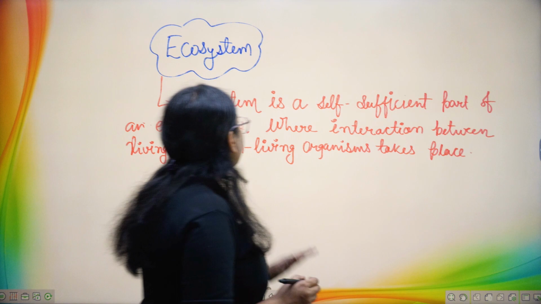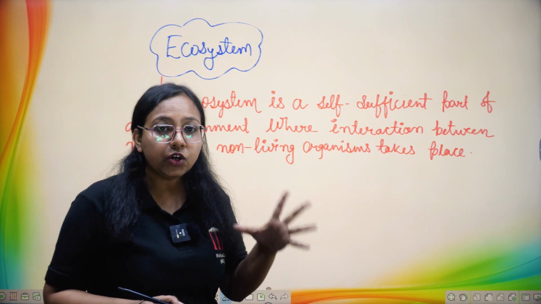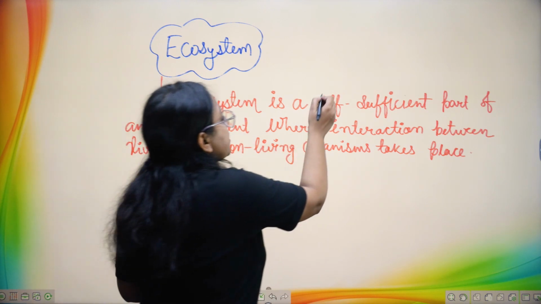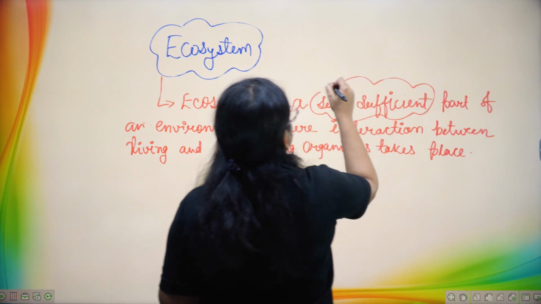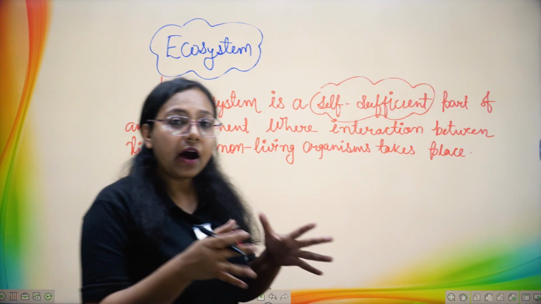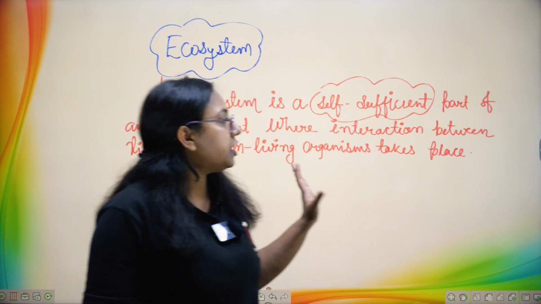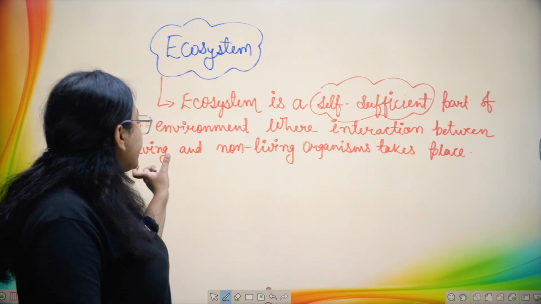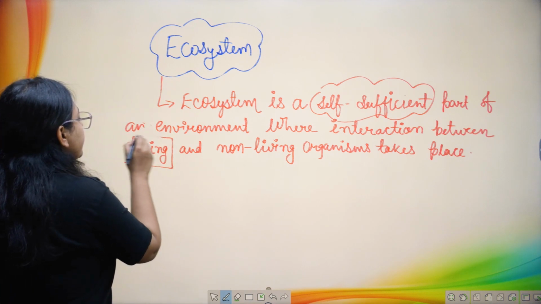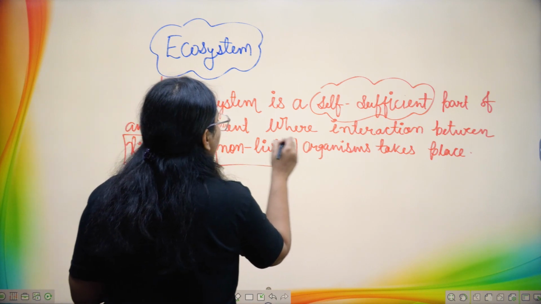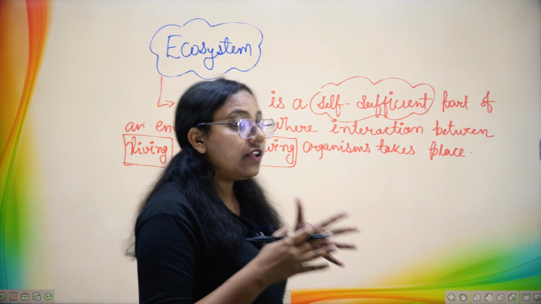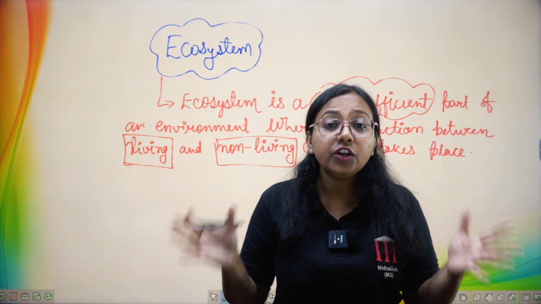So what are we talking about? We are talking about an ecosystem. An ecosystem is a self-sufficient part of the environment in which interaction between living and non-living organisms takes place together.